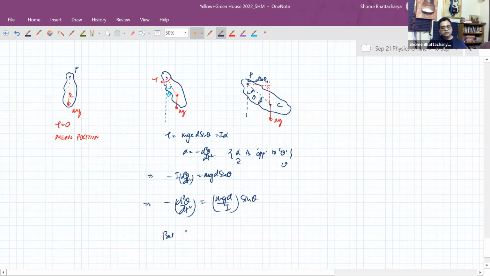But for small angular displacement, sine theta can be approximated as theta.